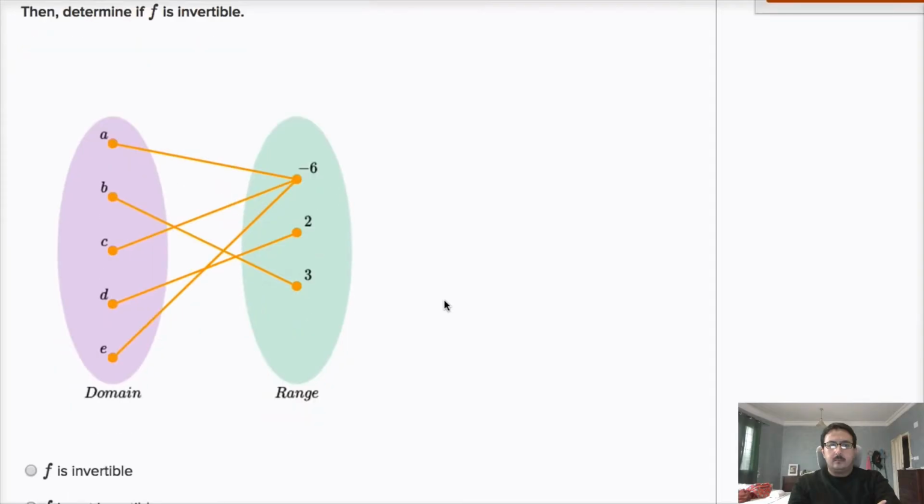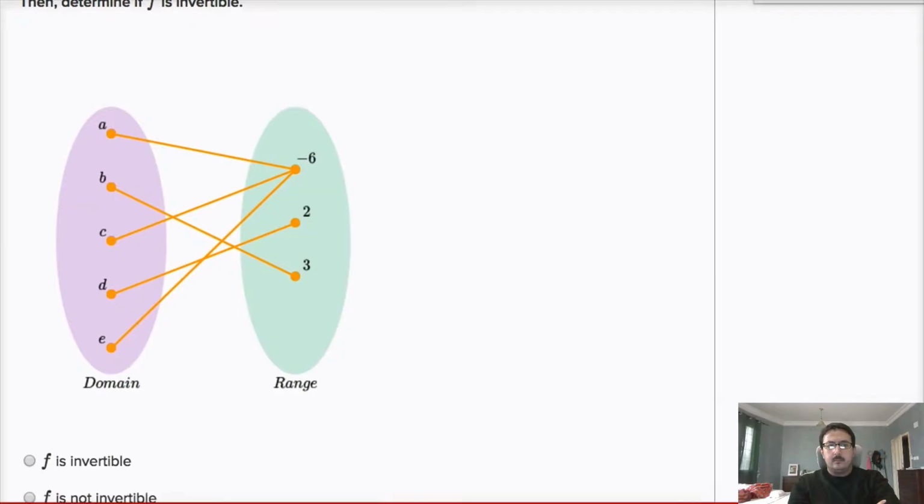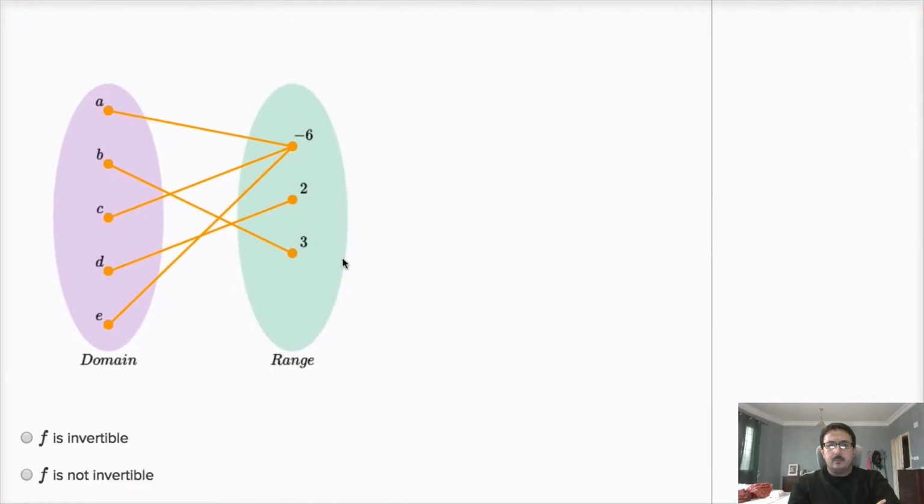I already hinted at it a little bit. In order for it to be invertible, you need a function that can do the inverse mapping from each of these points. But it has to be a function. If you input 3 into this inverse function, it should give you b. If you input 2, it should output d.